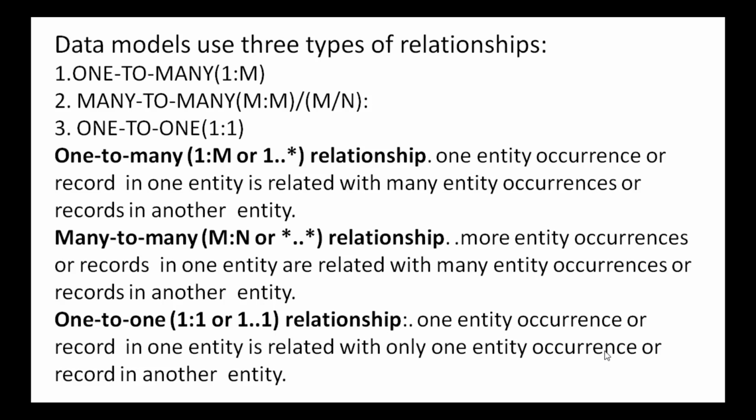Okay, there are three types of relationships. A DBMS database contains a collection of interrelated data tables. Interrelated means those tables are related to one another. Okay, so those relations are three types: one to many, many to many, and one to one.